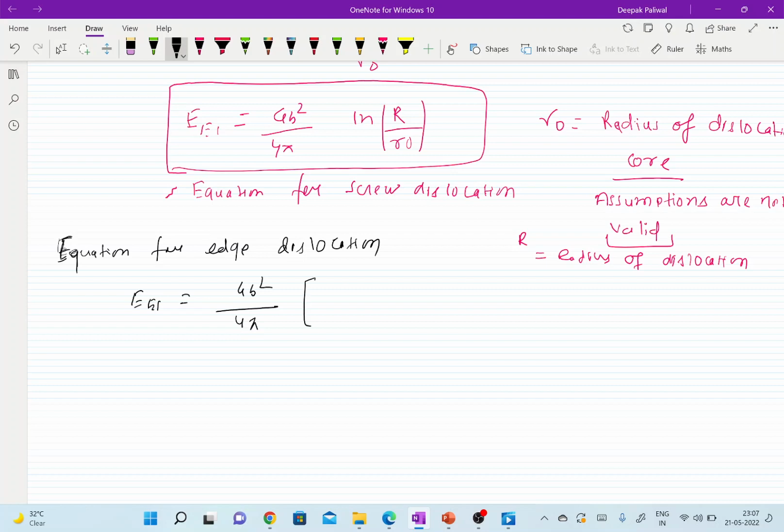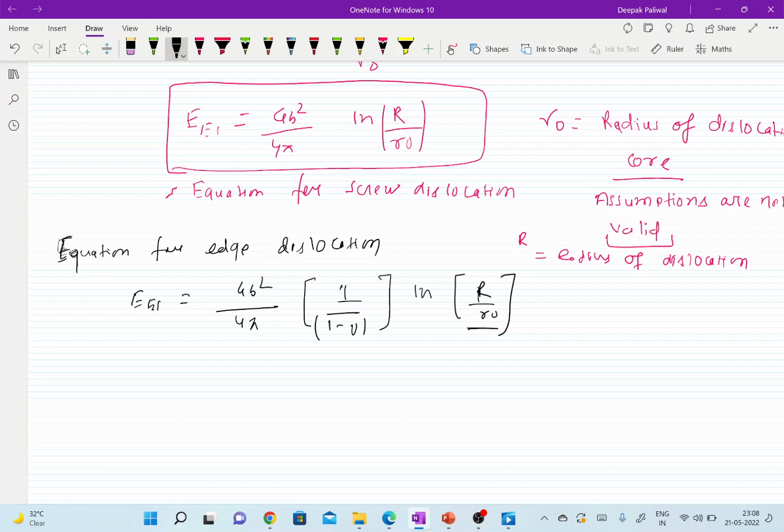We will have only one additional term, 1 minus nu, where nu is Poisson's ratio, times ln R by r naught. This r naught is again the dislocation core radius, and capital R is the radius of the dislocation, or rather the radius of the stress field of a dislocation, that we should say.